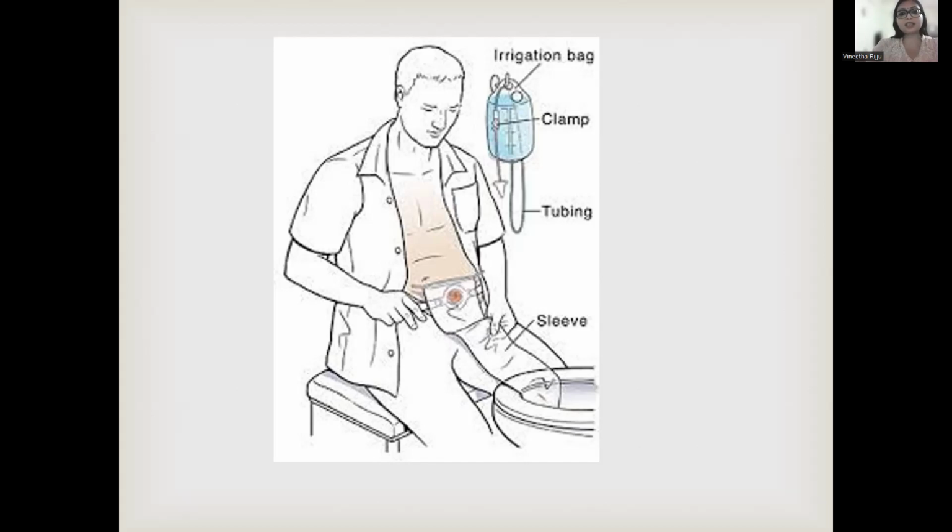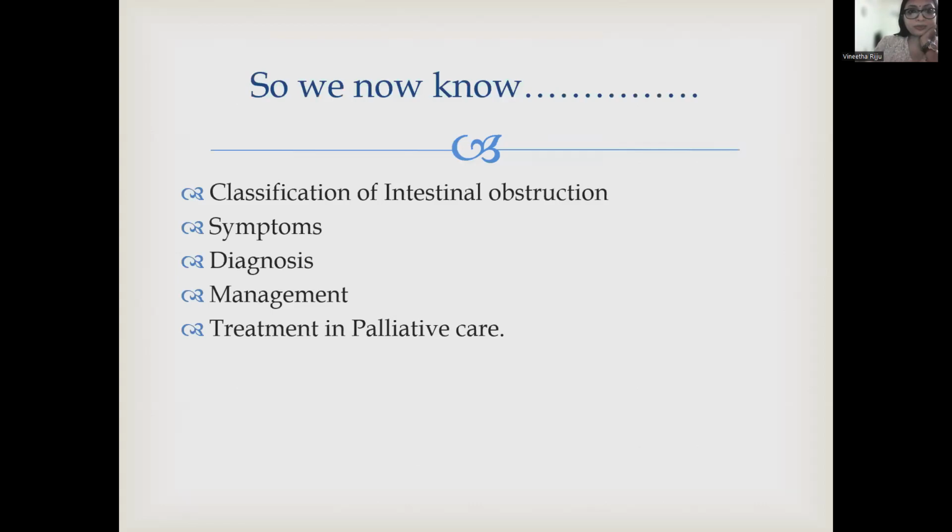That is inserted into the stoma, and the water is let to run through the stoma, through that cone tip, okay? And it is clamped. After a while, the cone tip is removed and the sleeve is attached, and the bowel contents are let out into the commode.